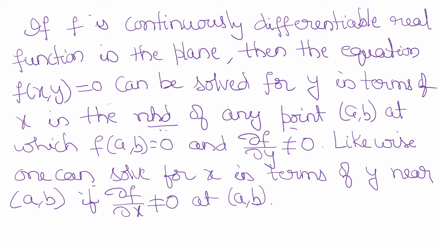So at the points other than these, where dou f by dou x and dou f by dou y are not 0, you can solve. If dou f by dou y is not 0, then you can solve for y in terms of x, and if dou f by dou x is not 0, then you can solve for x in terms of y. So this is an introduction.